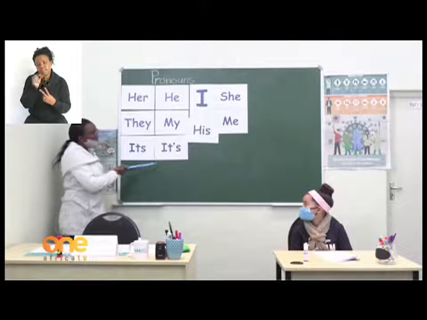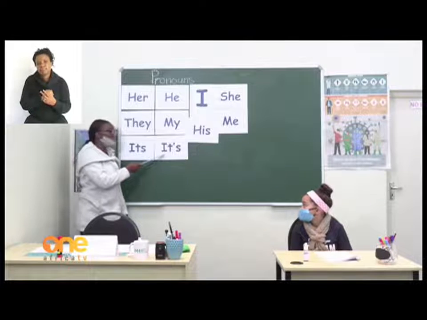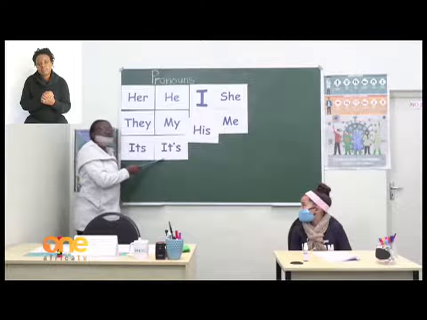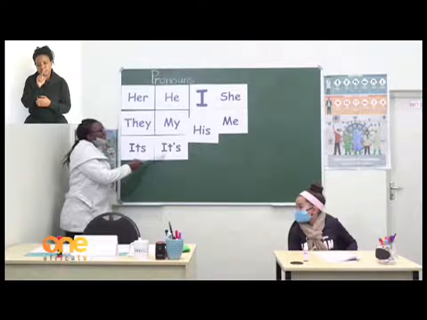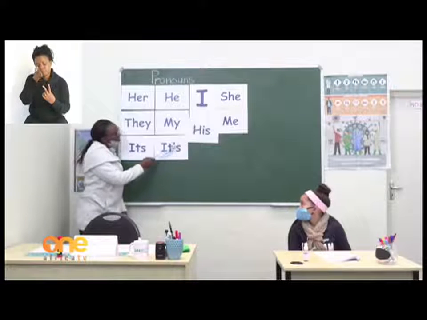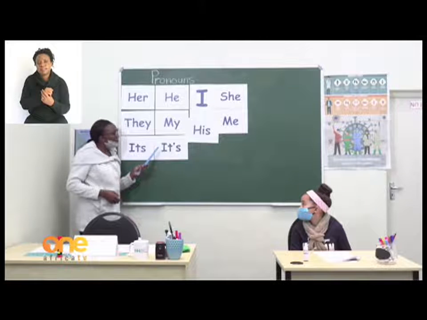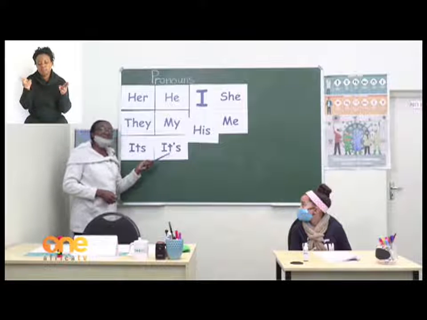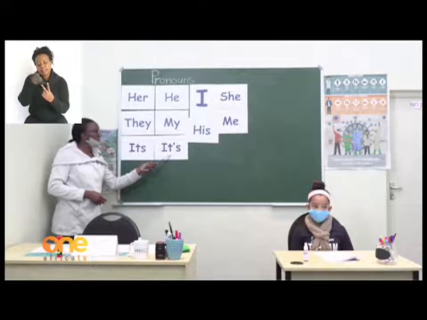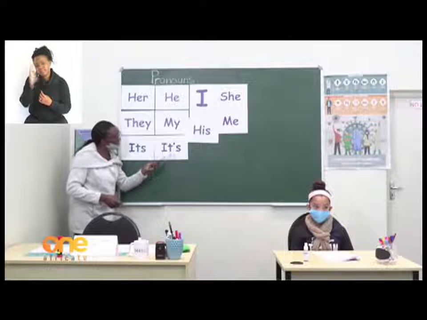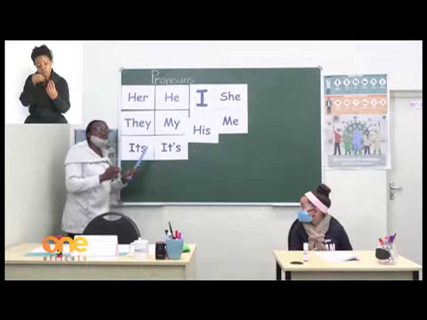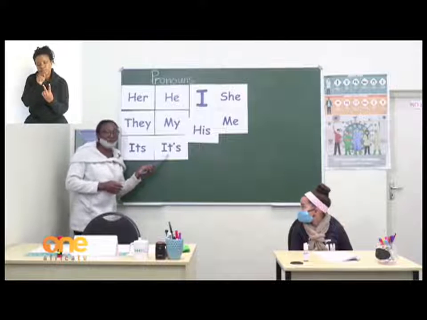Right, now, what does contraction mean? Contraction means when the word is shortened. If it's with an apostrophe, it means that there is a letter missing, but it's not forgotten. There is a letter that is omitted. There was supposed to be a letter here, but it is shortened to make the word small.